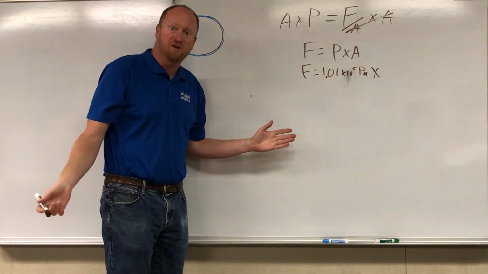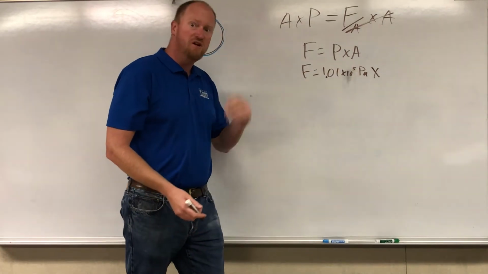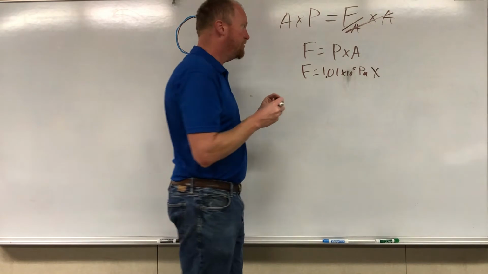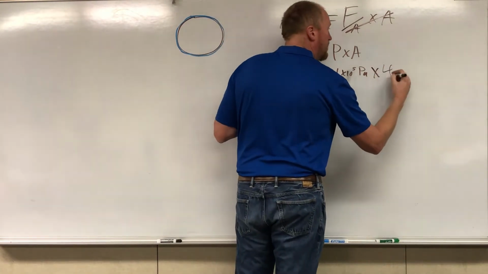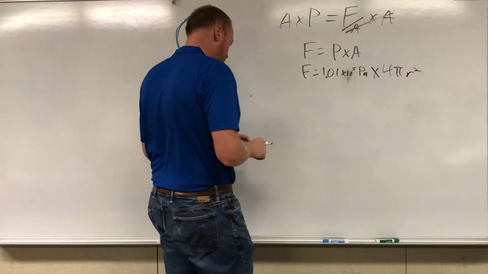All over the entire surface of the Earth. So if we find the area of the surface of the Earth, we got the area, we already know the pressure. So 4 pi r squared is our formula. 4 pi r squared. Let's keep going here, shall we?